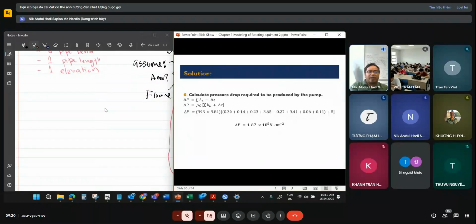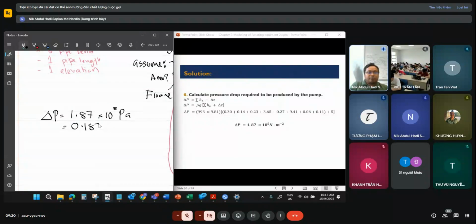From this, we have delta P equal to 1.87 times 10 to the power of 5 Pascal, which is also equal to 0.187 times 10 to the power of 6 Pascal, which is 187 kilopascal.